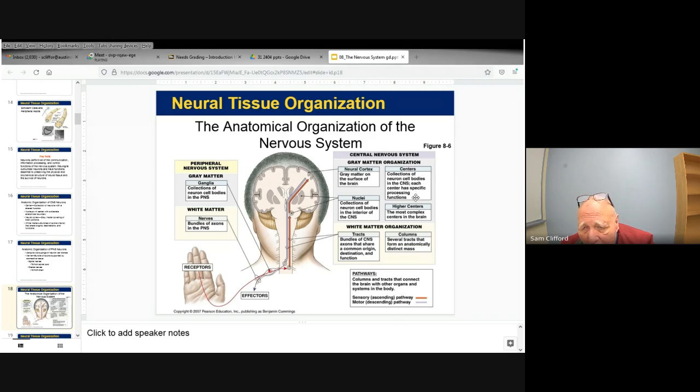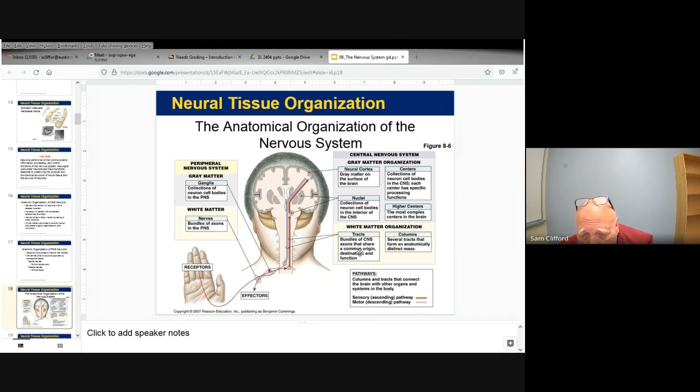And then there are also centers, collections of neuron cell bodies in the central nervous system with a specific function. Nuclei are little accumulations of nerve cell bodies in various parts of the nervous system. The higher centers, such as the frontal cortex, the somatosensory cortex, are parts of the brain that ultimately analyze all sensory input. The motor cortex, which we'll talk about in a moment.